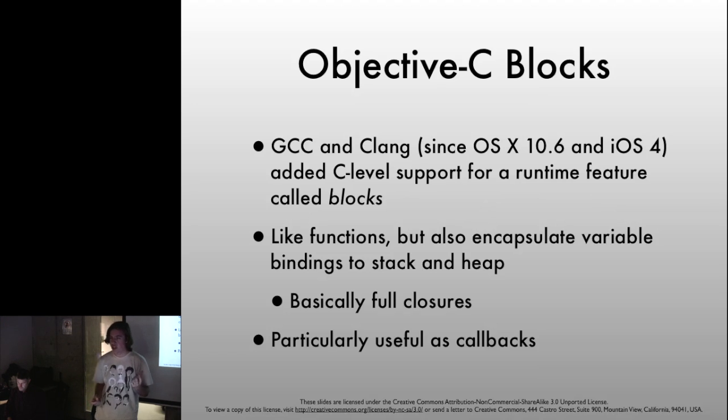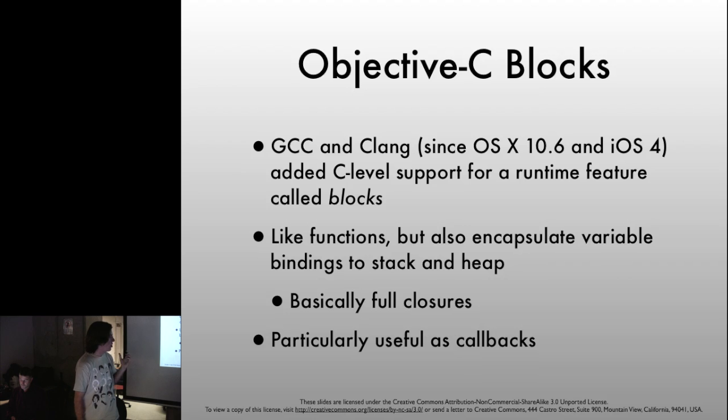But it's this really cool runtime feature that is rather like functions, but in addition to just having their own local variables and input variables, blocks can also capture variable bindings from the current stack and heap at the time that the block is created. So in that sense, they're pretty much full closures. If you're familiar with what a closure is.